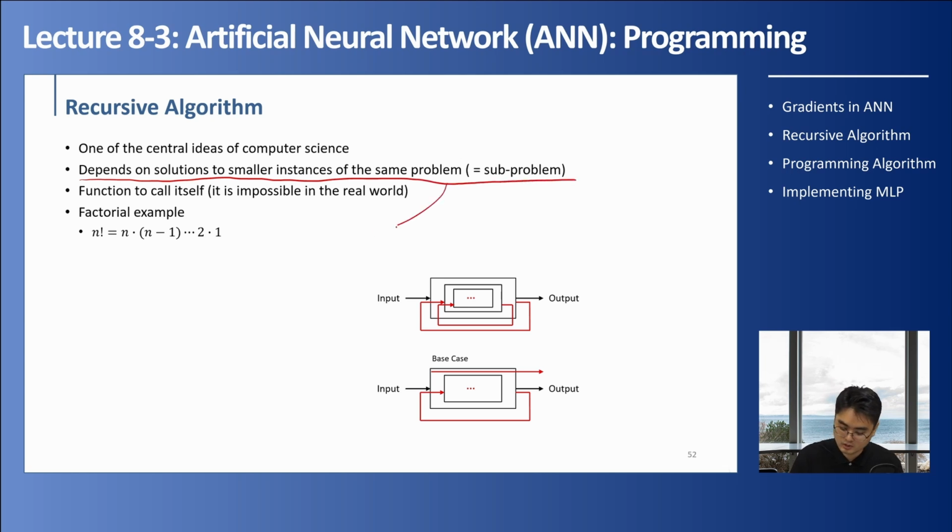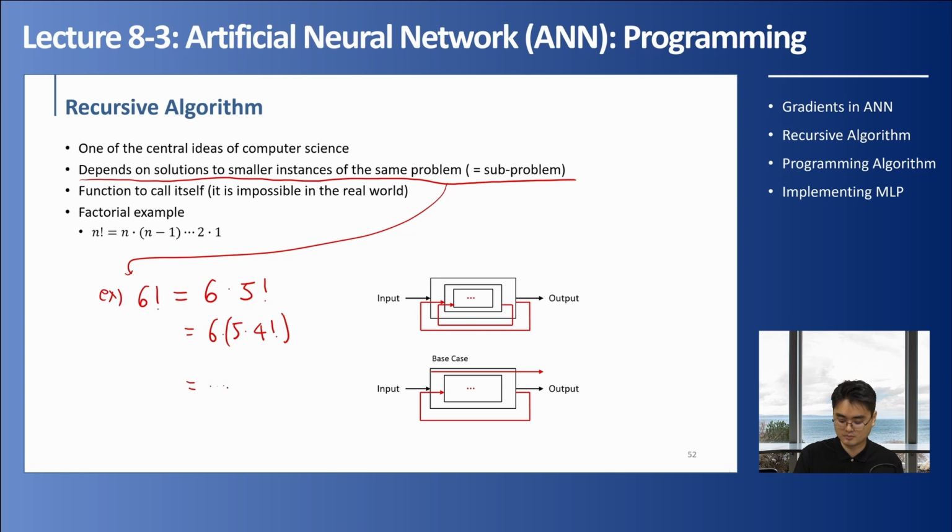For example, let's say we're calculating some factorial, for example, 6 factorial. This is actually 6 times factorial of 5. Or you can also write this as 6 times 5 times, because 5 factorial is also 5 times factorial of 4. And this can be continued down to factorial of 1.